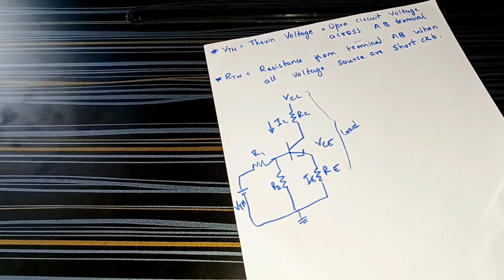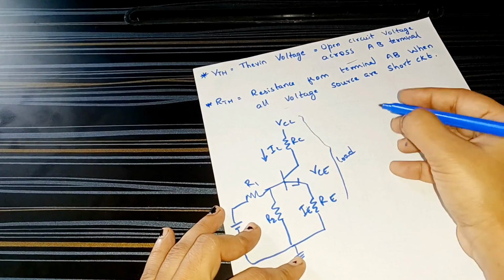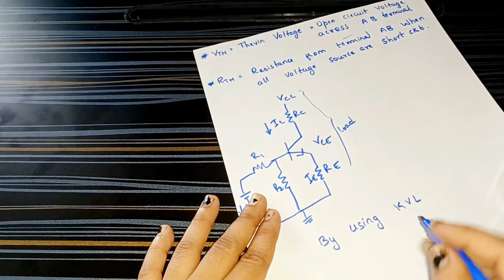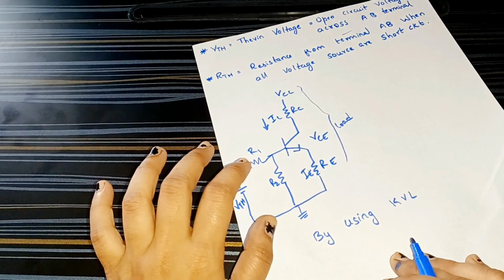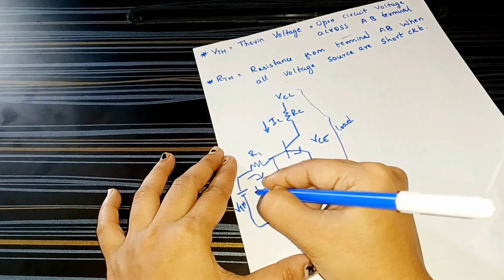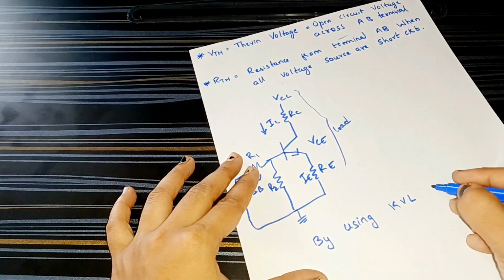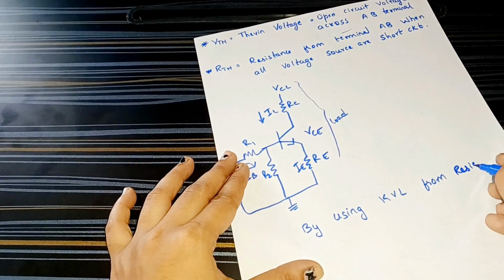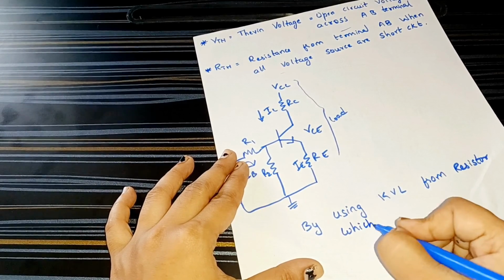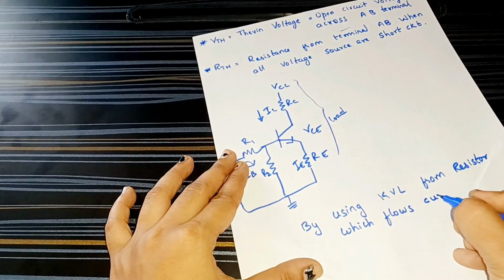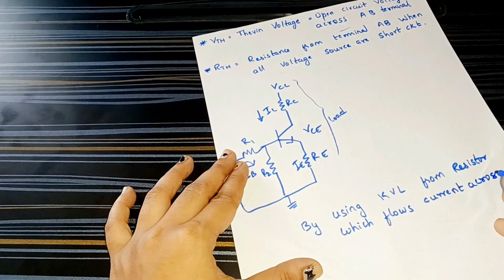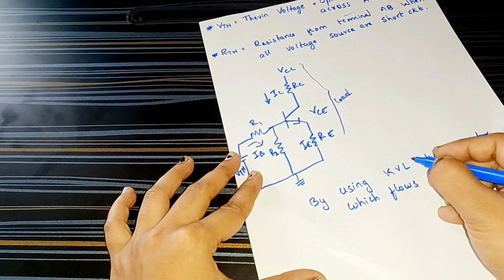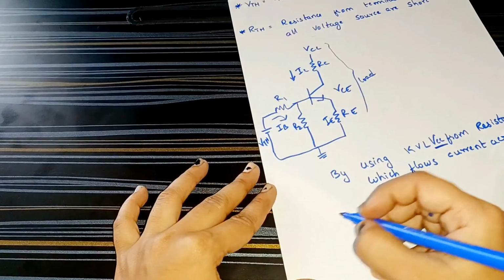Using KVL from VCC, we check the current flowing as IB.